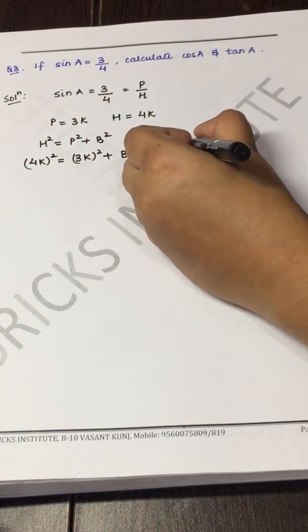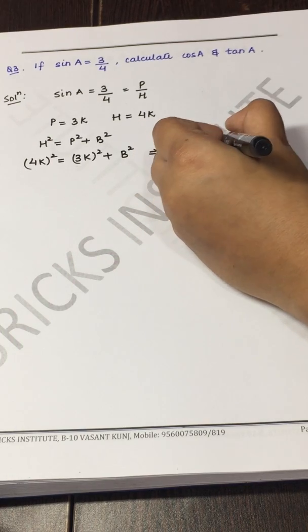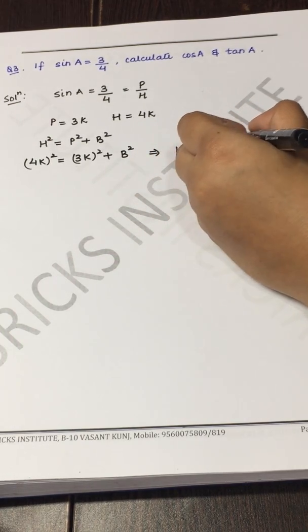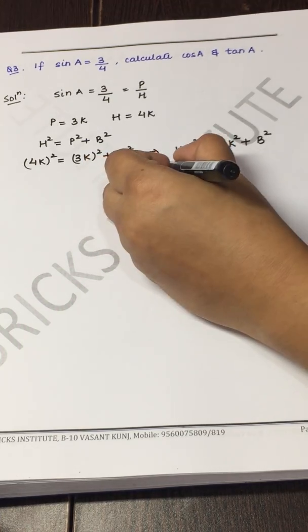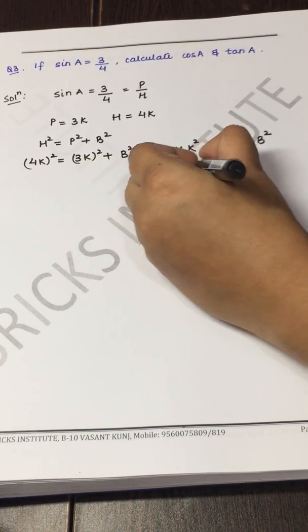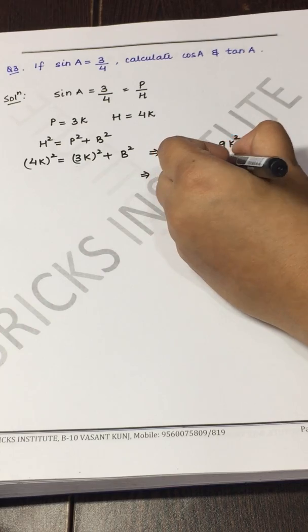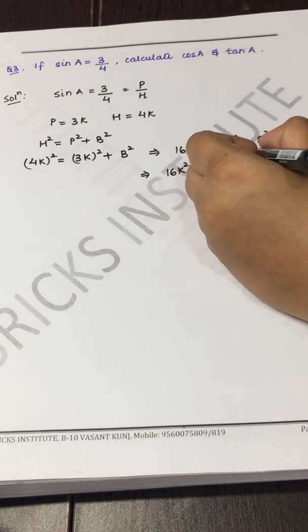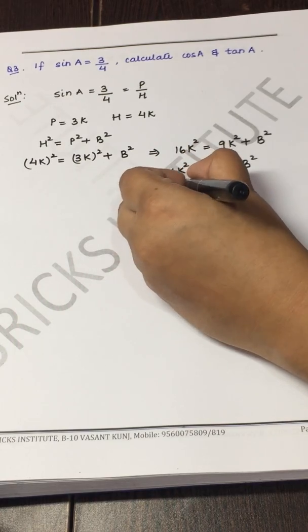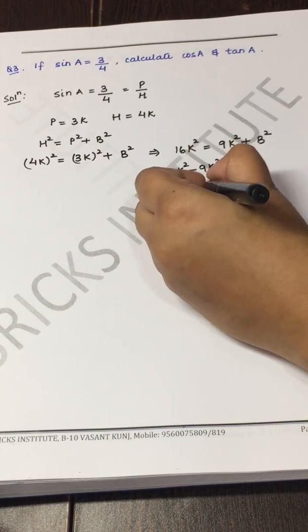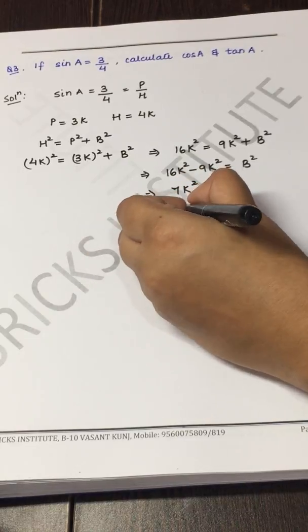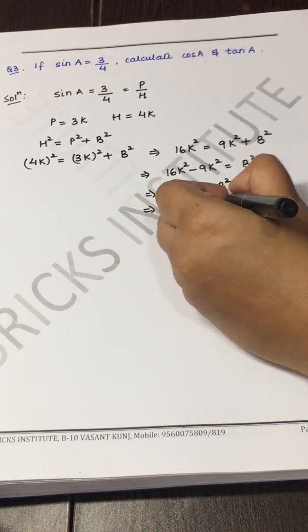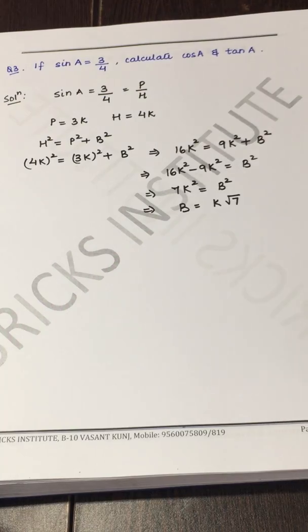That will give me 16k square is equal to 9k square plus B square. 16k square minus 9k square is equal to B square. 7k square is equal to B square. This implies B is equal to k root 7.